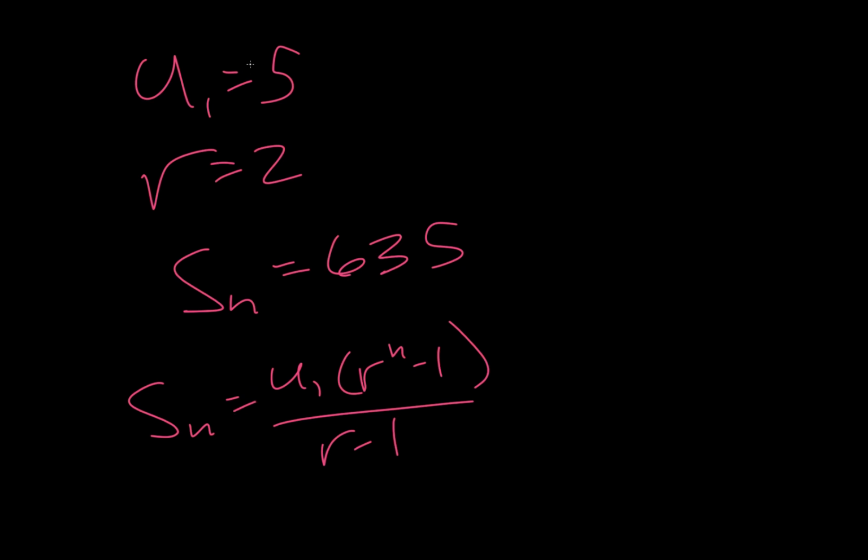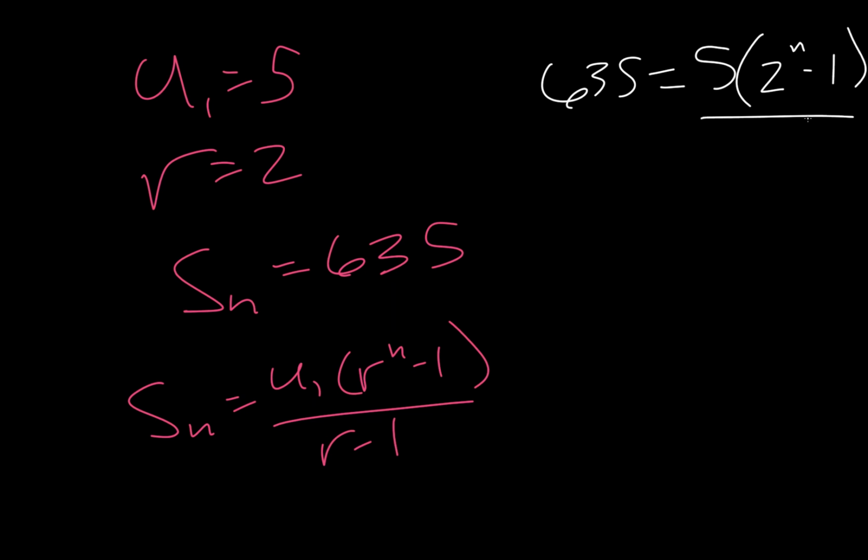So we plug in what we know. We have 635 for our S sub n. Our u1 is 5. Our common ratio is 2. We don't know n, but we know r again. Now it just comes down to simplification. The bottom just becomes a 1, so that ends up being redundant.